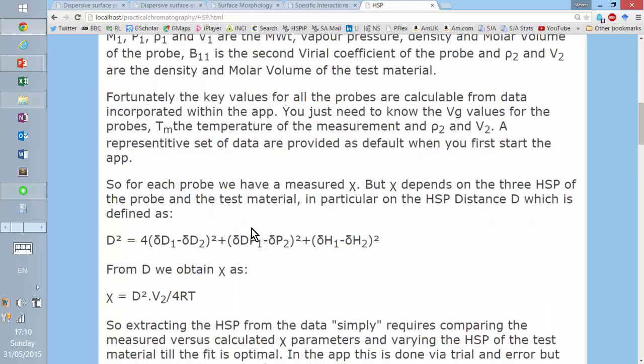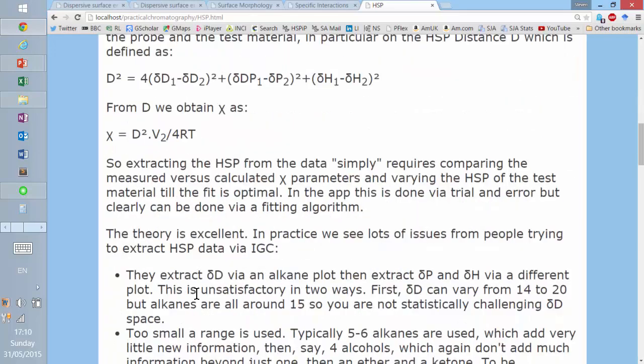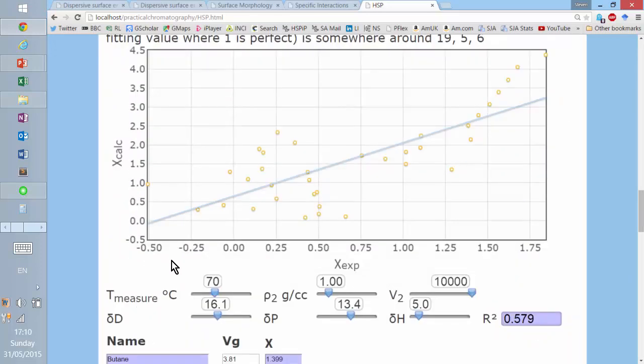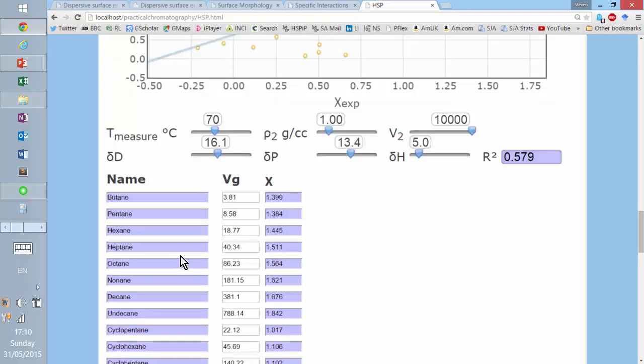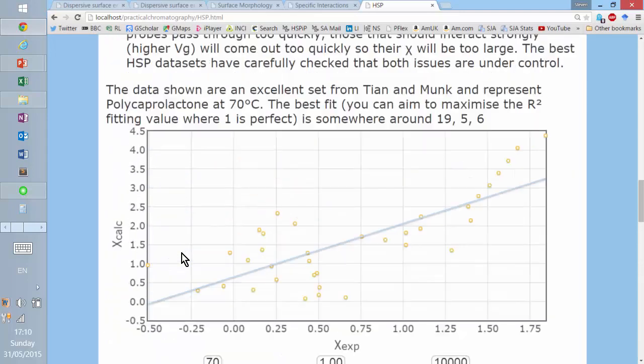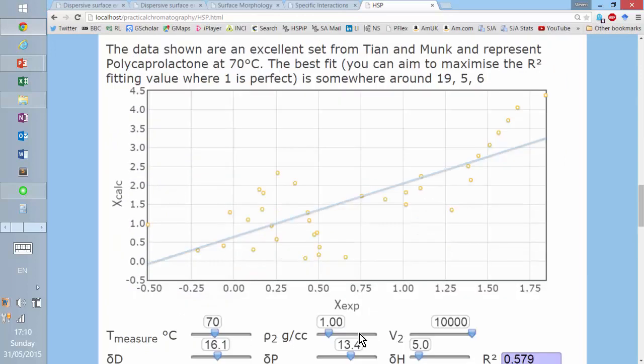Now it happens that the HSP distance is related to the chi parameter. So we calculate the chi parameter from the IGC experiment. We then say what the D parameter is, because we know the molar volume and RT, and we can then try to fit it. And here are the experimental chi values for these particular probes done by Tian and Munk.